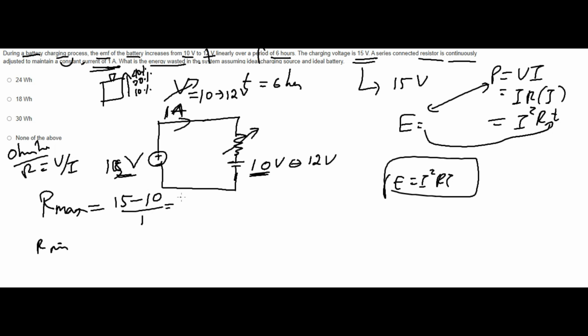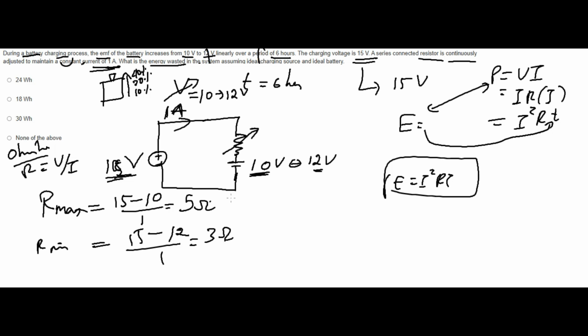So 15 minus 10 by 1 is the maximum, 5 ohm. And R minimum means you have to take the higher voltage. So 15 minus 12 divided by 1 gives the lower resistance, 3 ohm. So R max and R min are 5 and 3.